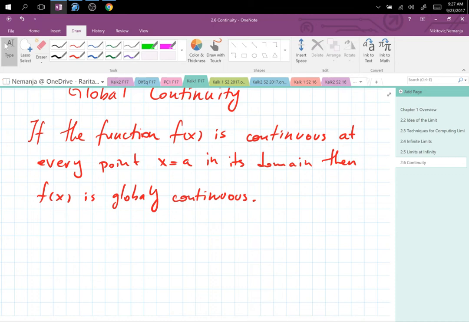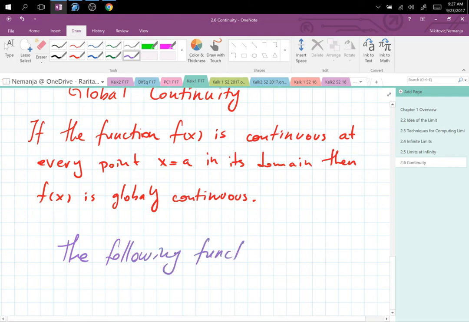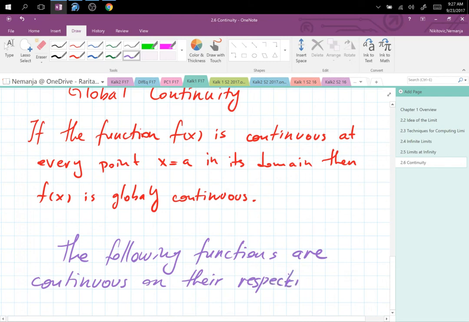So the following functions are continuous on their respective domains.